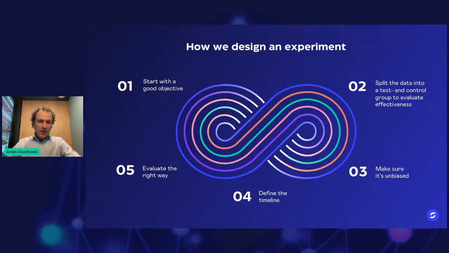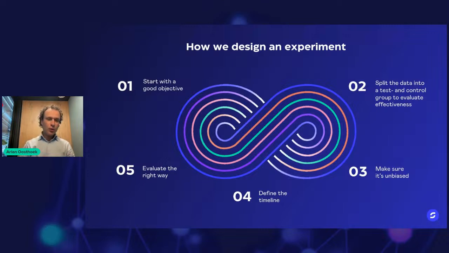As price sensitivity is an experimental approach, especially in the beginning, it's really important that you have a good idea of how to design an experiment. We also discussed it in a previous webinar, but since price sensitivity is a similar approach, it's really important to have this 5-step approach for designing an experiment.